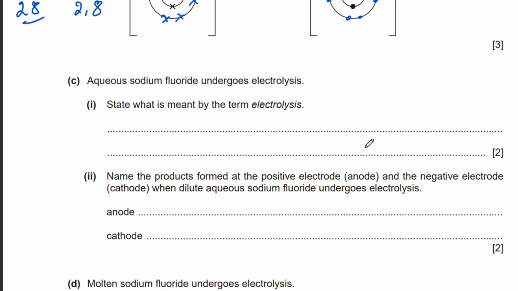Now, aqueous sodium fluoride undergoes electrolysis. Now state what is meant by the term electrolysis. So we know electrolysis is the breaking down of an ionic compound in its molten or aqueous state by the passage of electricity. So let's write it down.